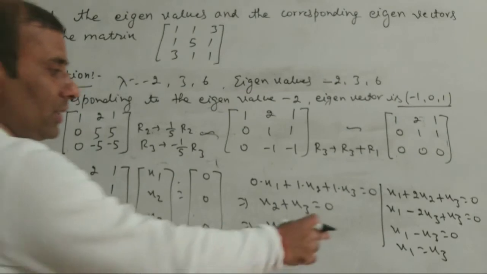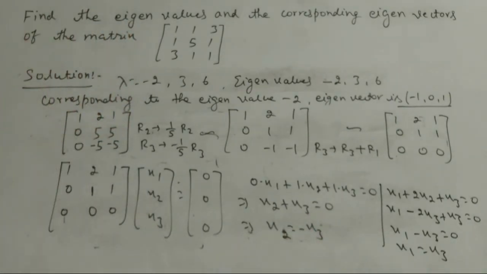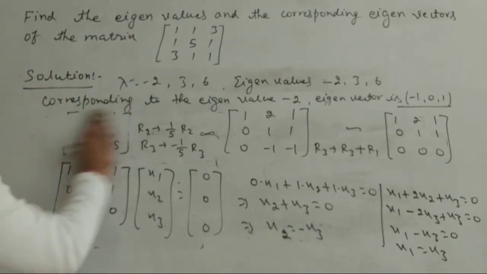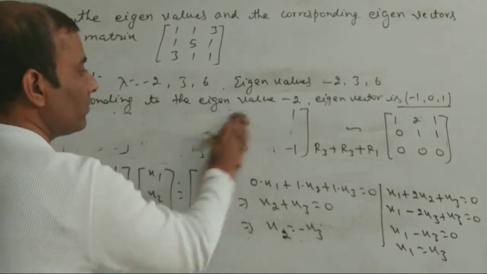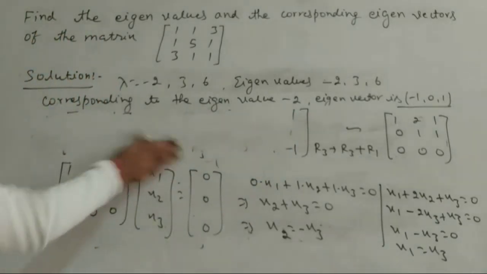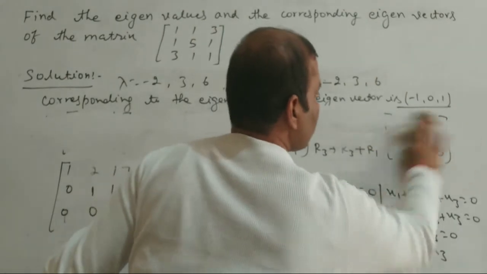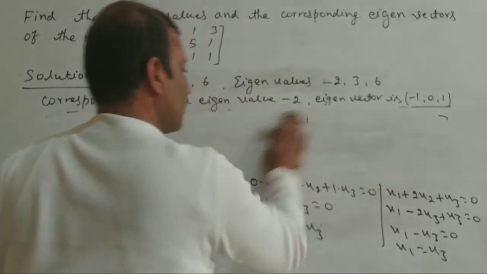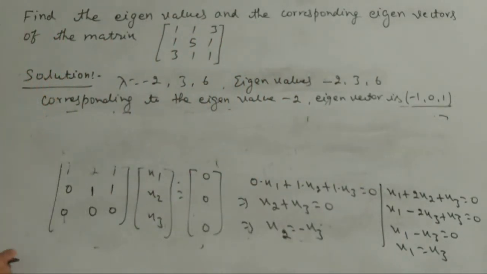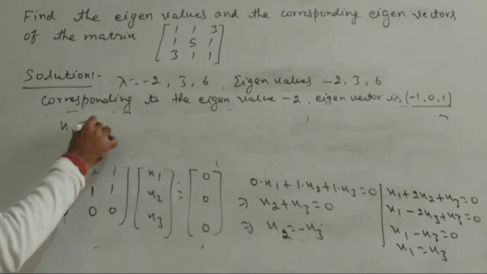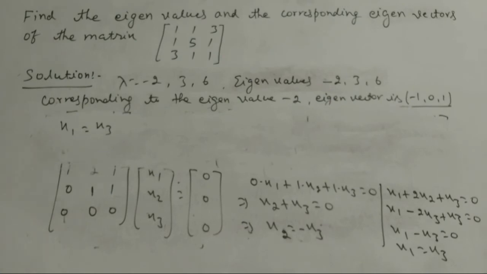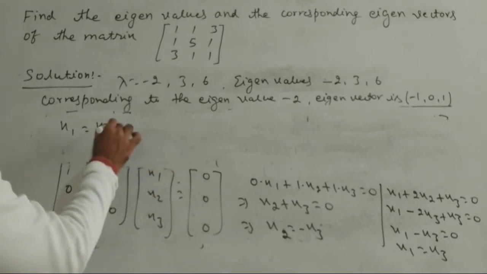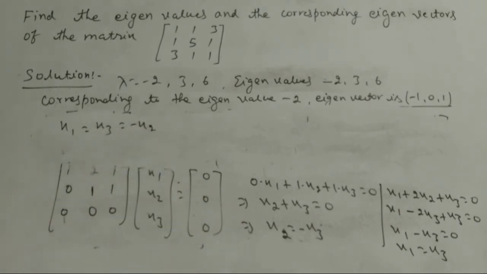So from these two equations, we have x1 equals x3 and x3 equals minus x2.